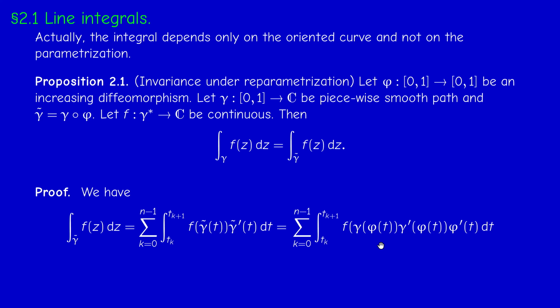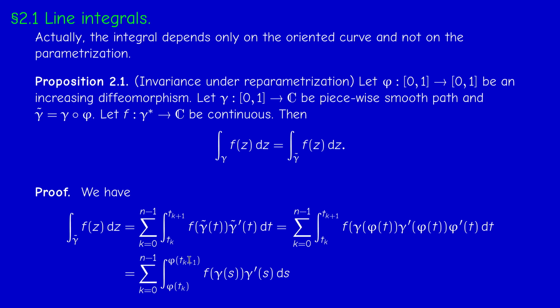Now we can do a change of variables here: we let s equal phi of t. We get the integral from phi of t_k to phi of t_{k+1} of f of gamma of s times gamma prime of s ds. And we use here the fact that phi prime is positive and phi is increasing. Otherwise, we have to reverse the bounds here.